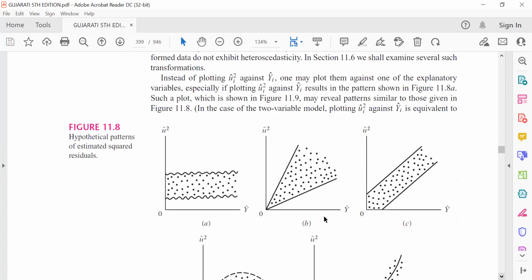We run the data, we get the residuals, and we make a graph of the residuals squared against y hat. If the graph is the same from the beginning until the end, this means homoskedastic variance. Here is heteroskedastic variance, here homoskedastic variance.